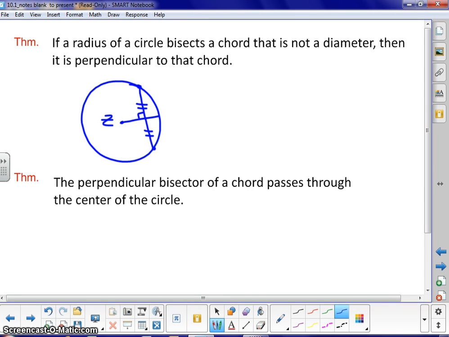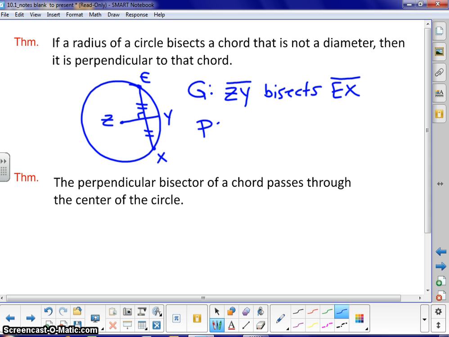Let's get some more letters in here, E and X and Y. If we are given that ZY bisects EX, then what we can prove from this is that ZY is perpendicular to EX.